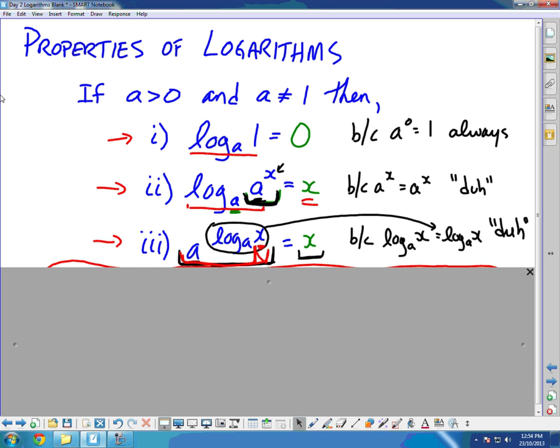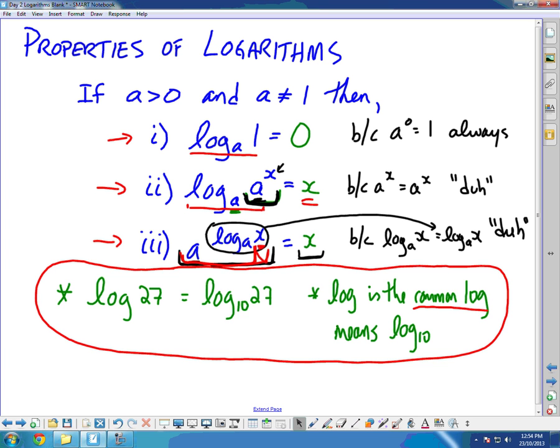There's one other little bit of notation we should remind you of. Sometimes you'll see just log 27, and there's no base there. If you don't see a base, it's assumed that you mean log base 10. This one is called the common log. It's the most frequently used base, base 10.